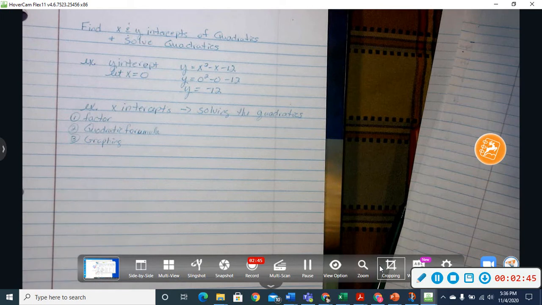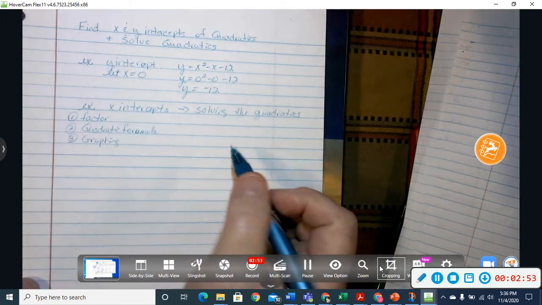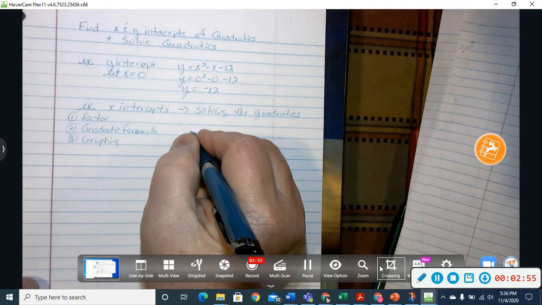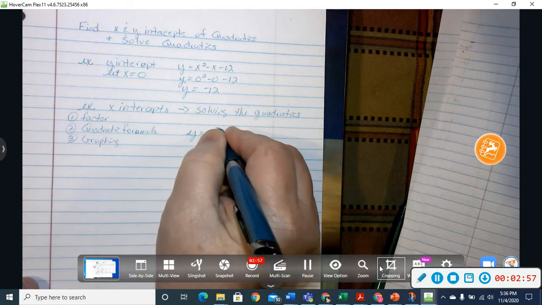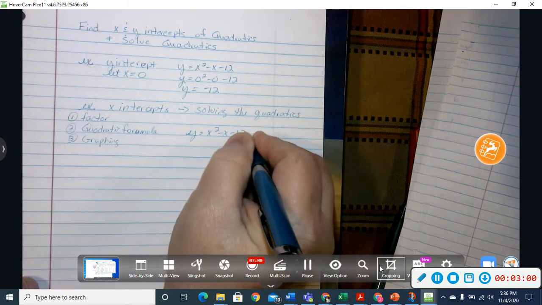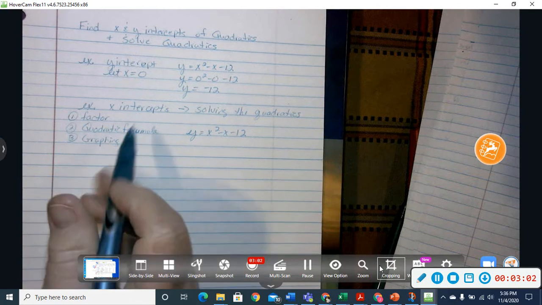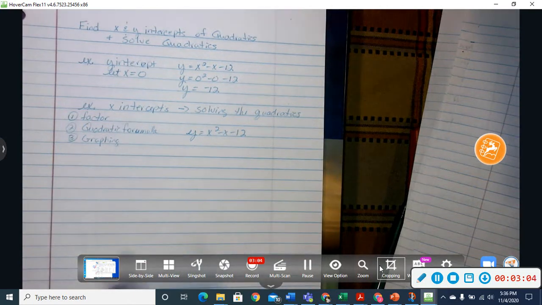I'll leave graphing up to those of you who have a graphing calculator. So if we go back up to our example problem here, y equals x squared minus x minus 12, and we are looking for the x-intercepts, which also means that we're wanting to solve that equation, and we're using the factoring technique.